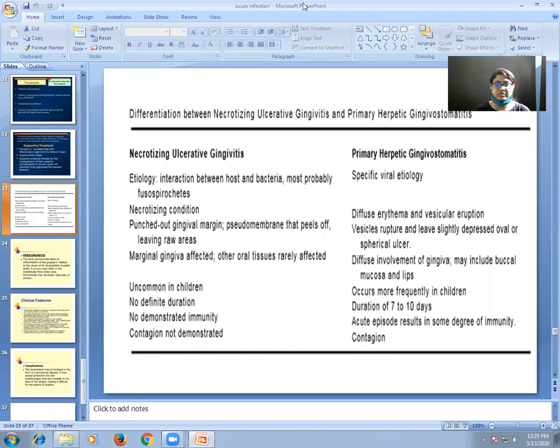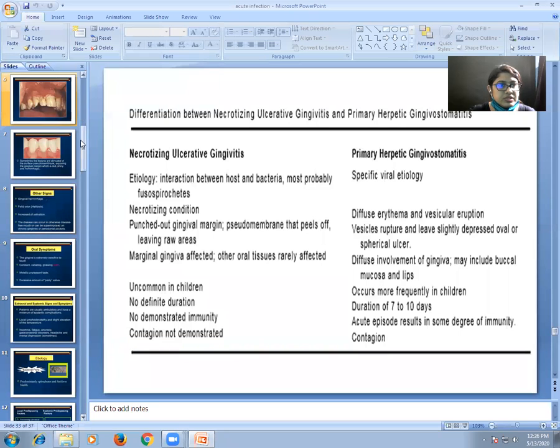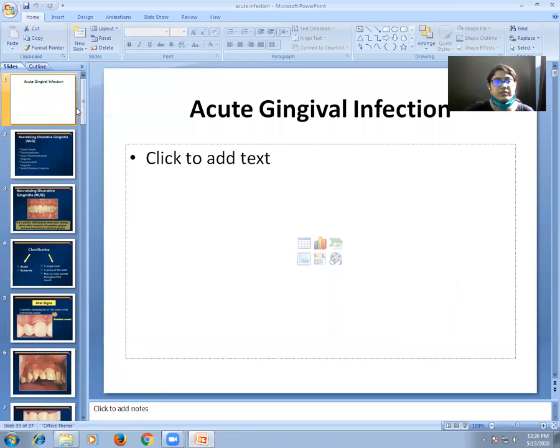Necrotizing ulcerative gingivitis is a bacterial disease, so in treatment we have to give antibiotic therapy, while primary herpetic gingival stomatitis is a viral infectious disease, so in treatment you have to give antiviral therapy, basically the drug acyclovir. So today, it's done. We only discussed the three gingival infections.